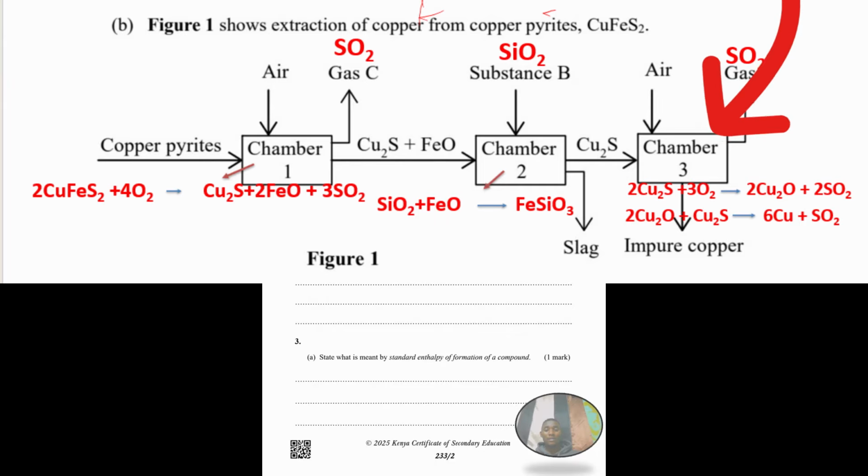And in the next step, the copper 1 oxide formed reacts with the remaining copper 1 sulfide, leading to formation of copper metal and sulfur 4 oxide gas again, which is our gas C.